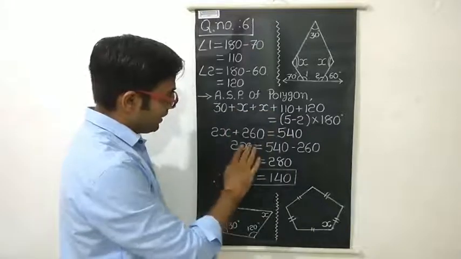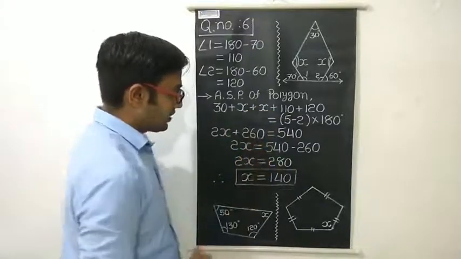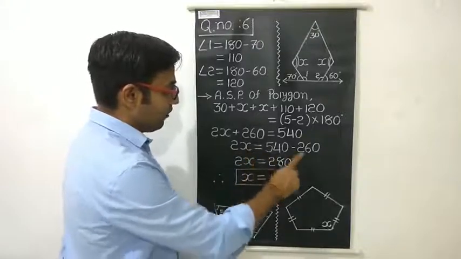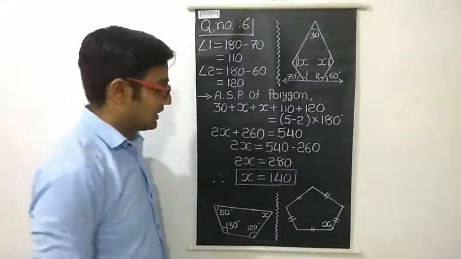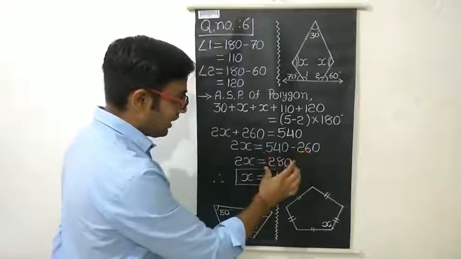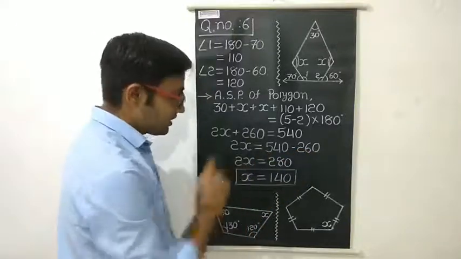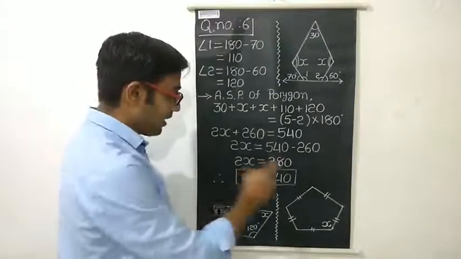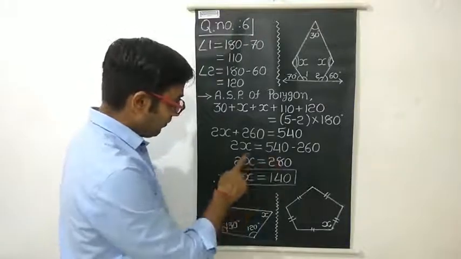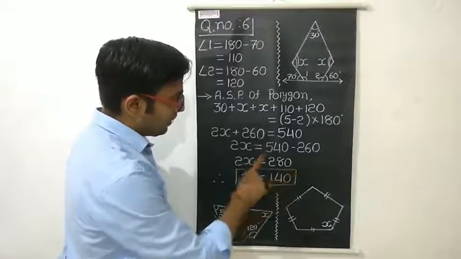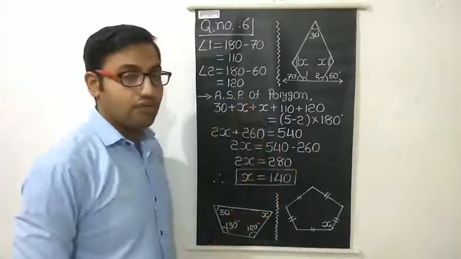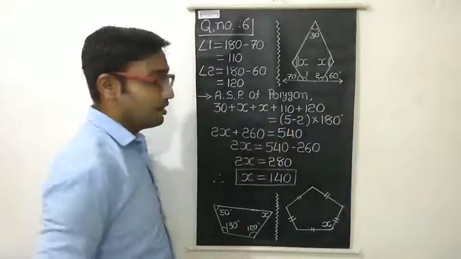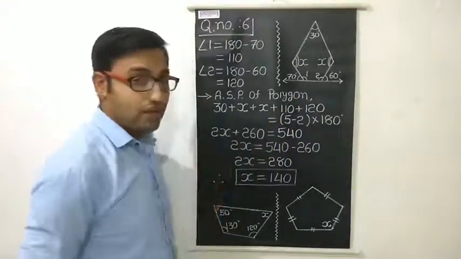Now by taking this 260 to the right-hand side, it will become minus. So we get 2x is equal to 540 minus 260, and the subtraction gives 280. 2x is equal to 280, so x is equal to 140. By dividing both sides by 2, here we get only x, and on the other side 280 divided by 2 gives 140 degrees. So the value of this angle becomes 140 degrees.